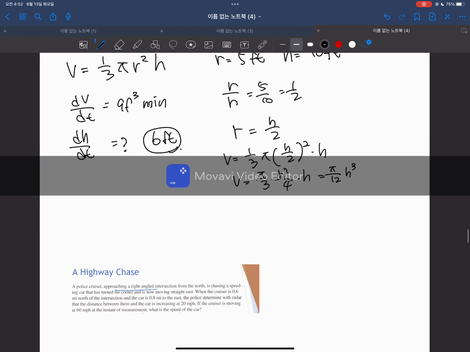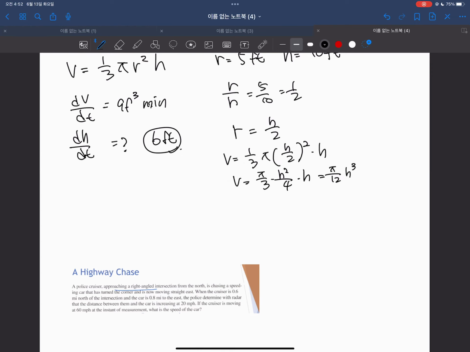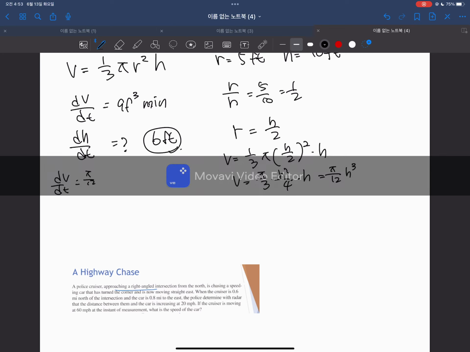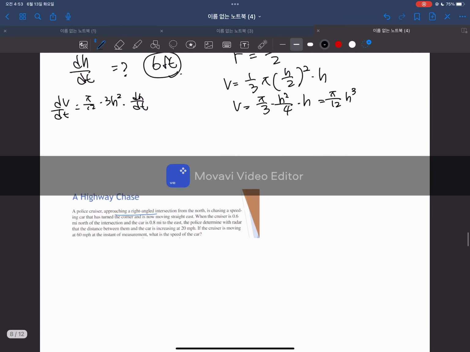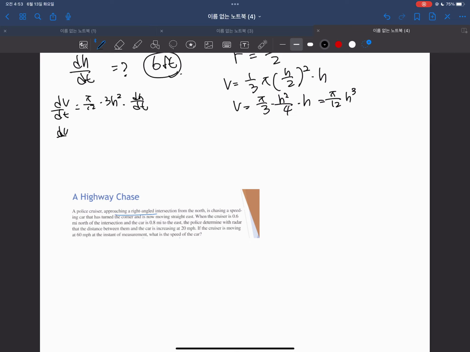Then when we perform implicit differentiation on the volume equation, we get dV over dt is equal to pi over 12 times 3h squared times dh over dt. We know that dV over dt is 9 and h is 6.